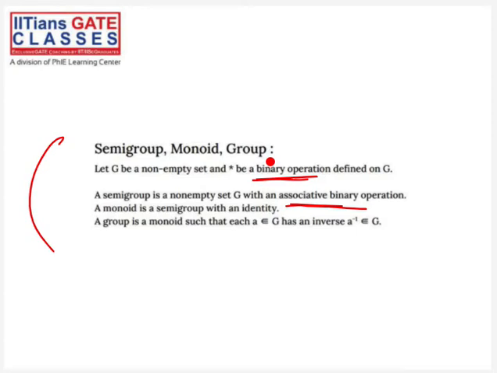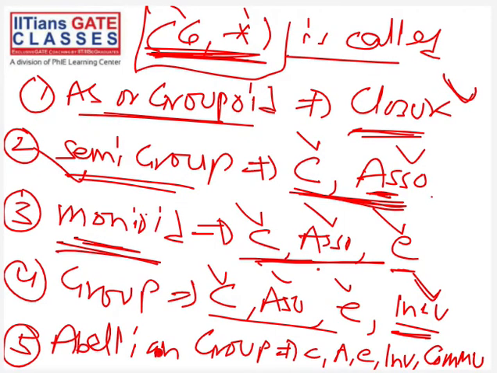So when we say that this star is a binary operation, it directly means that closure property is satisfied. So that's why in this slide we do not have any groupoid or algebraic structure.